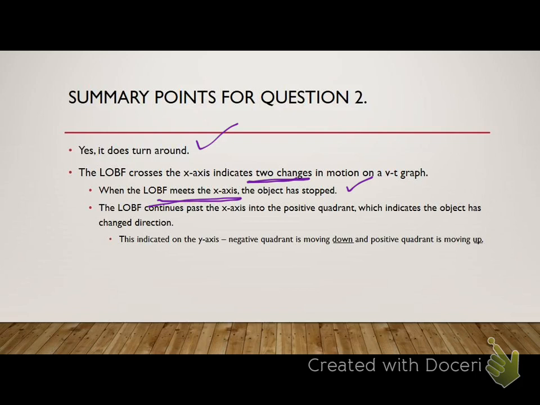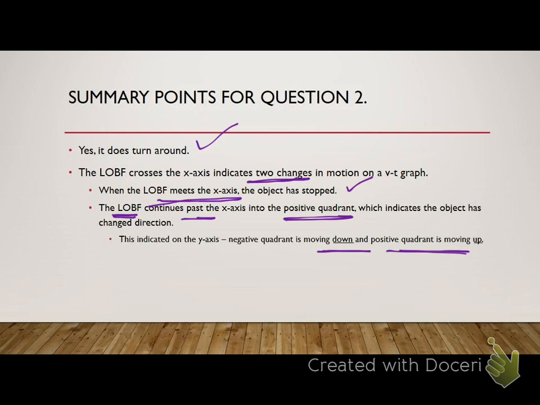So that's why you have to bring in the second point, that the line of best fit continues past the x-axis and goes into the positive quadrant, which indicates that the object has changed direction. And that's the other key component, that you've moved from the negative to the positive quadrant. The y-axis has labeled the negative quadrant as down and the positive quadrant as moving up.